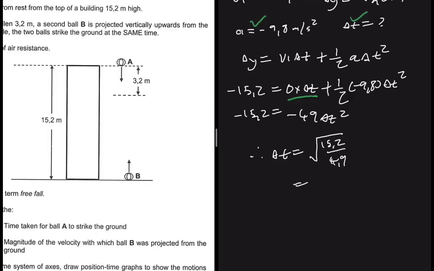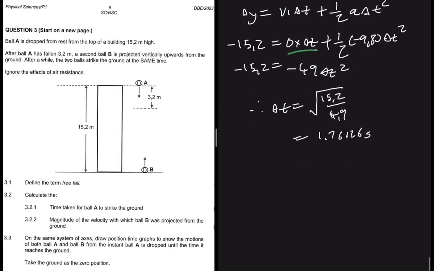Now it's just a matter of putting that in your calculator, and what am I getting? I'm getting 1.76126 seconds. So that is the time it takes ball A to strike the ground. Right, it makes sense because it's going to take about 1 second to cover 9.8 meters, and then the rest of the height can take less than a second, right?